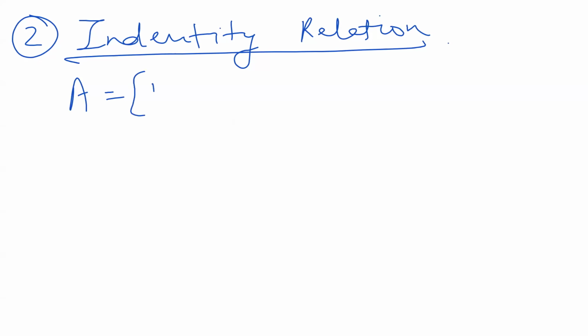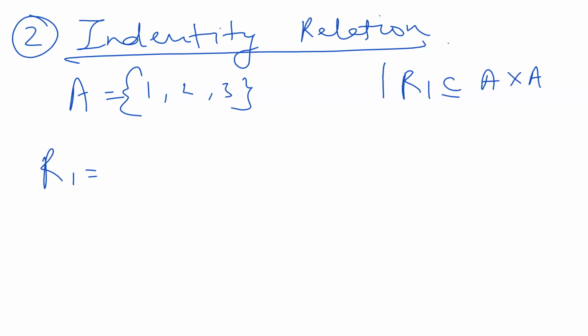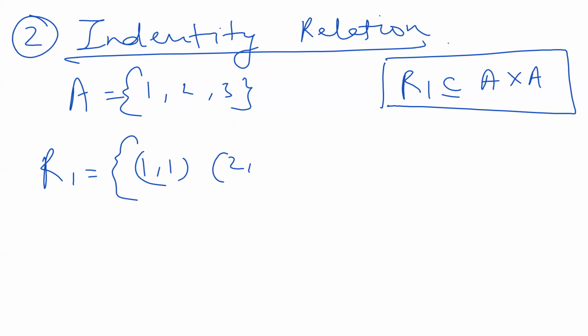So if A is {1, 2, 3}, a set of three objects, that is 1, 2, and 3, and R1 is a relation on set A, so R1 is a subset of A cross A. So R1 is {(1, 1), (2, 2), (3, 3)}.